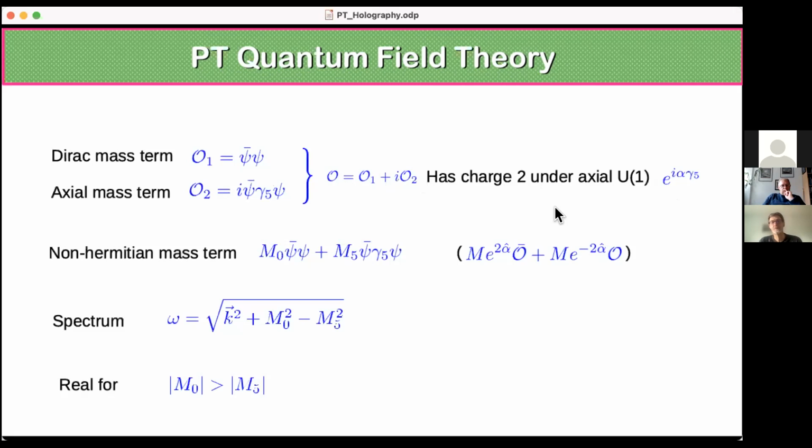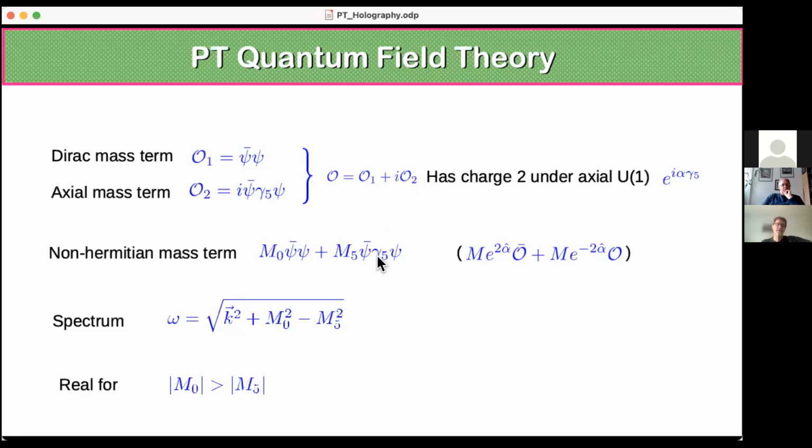And then you could go and generate a non-Hermitian theory just in the same way. You could take the original mass coupling M, and do some transformation with this transformation acting on the couplings and analytically continue in alpha to some imaginary value alpha hat. And then you would generate a theory which has the usual Hermitian mass term, but it also has this non-Hermitian mass term with M5 without the i here. So again, it's a non-Hermitian operator.